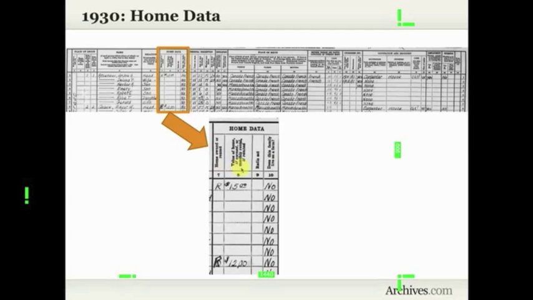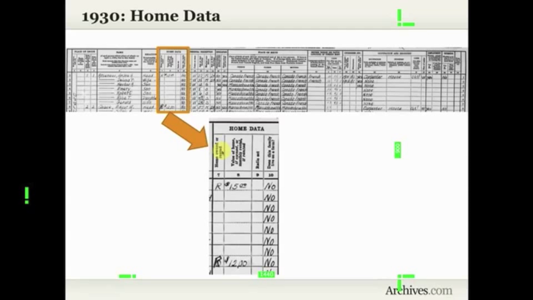If it was owned, what is the value of the house? Or if they're renting, how much did they pay in monthly rent? And again, this is a great way to compare your ancestors with their neighbors. If everyone's renting, was your ancestor paying a rent that was similar to what their neighbors were paying?